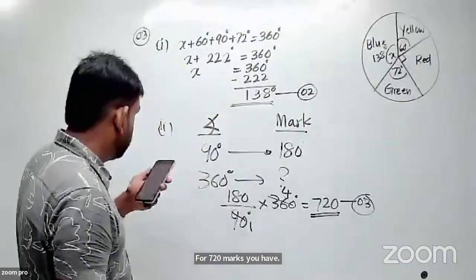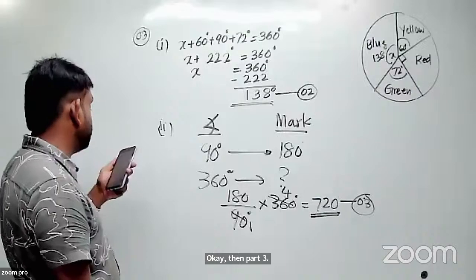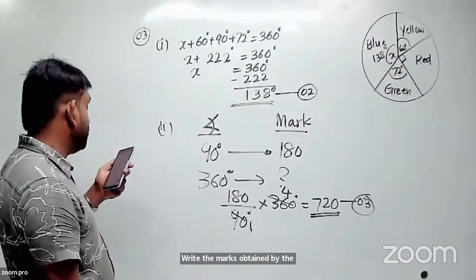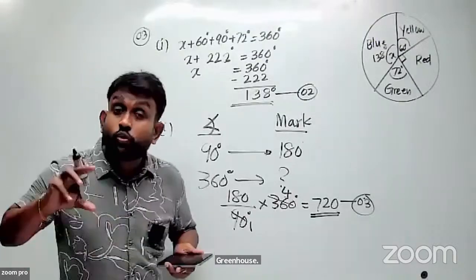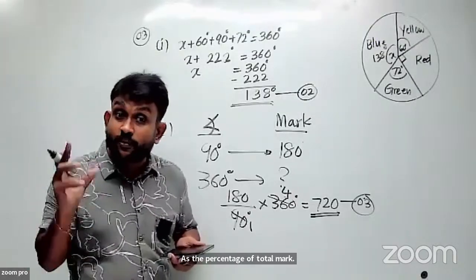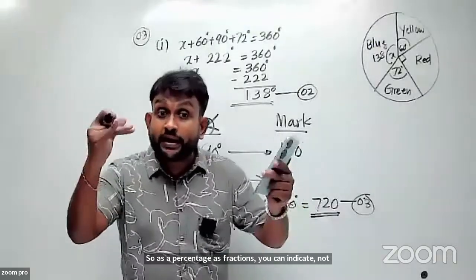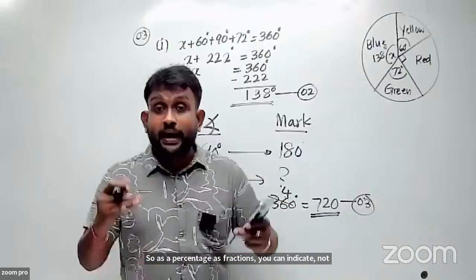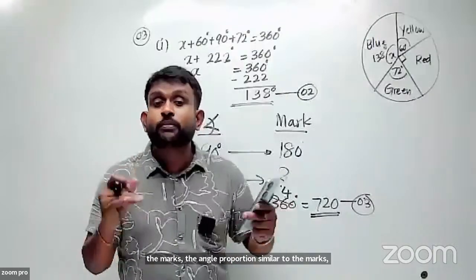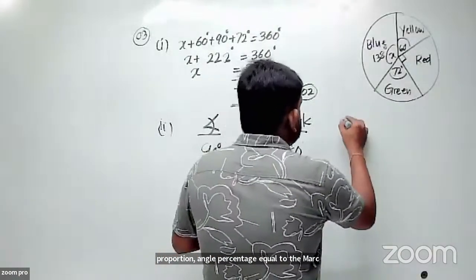Okay, then part 3. Write the marks obtained by the green house as a percentage of total mark. So as a percentage, as a fraction, you can indicate not the marks but the angle proportion, similar to the marks proportion. Angle percentage equals the mark percentage. So that is the easiest way of dealing with it. What are they asking?